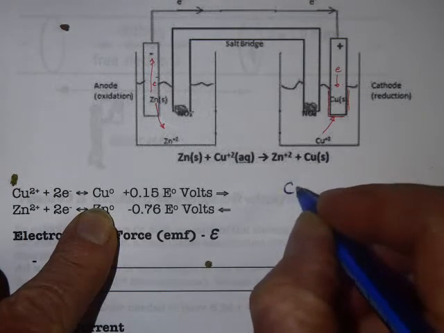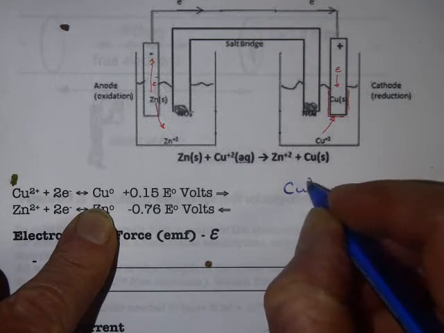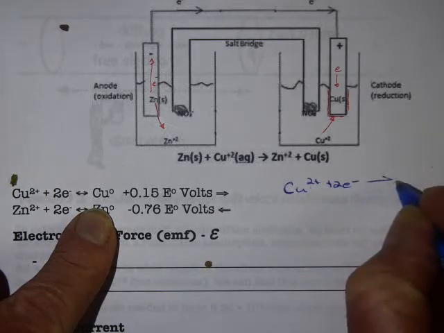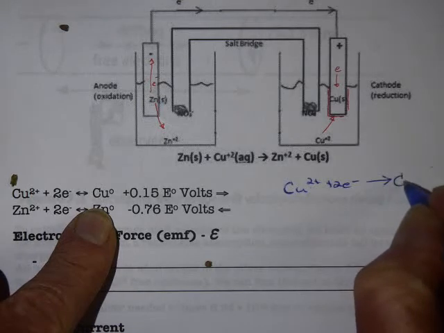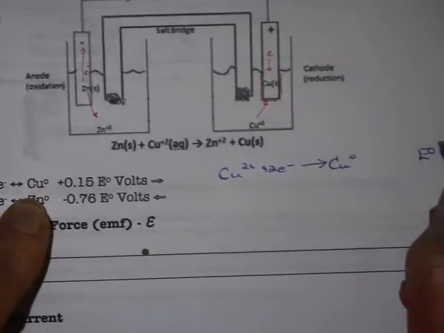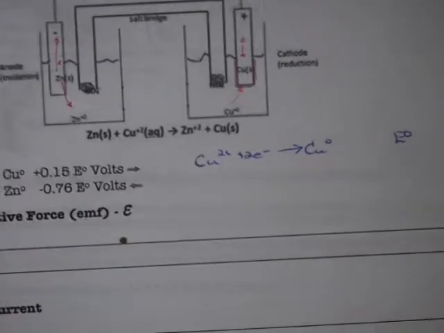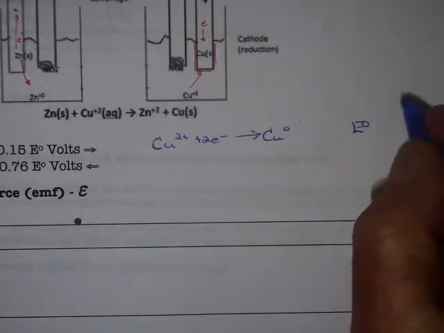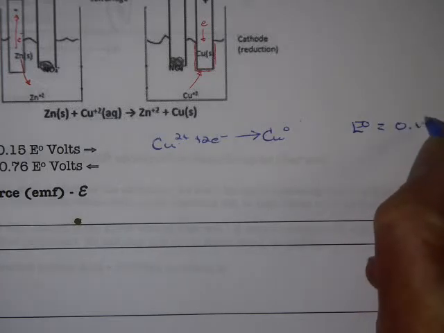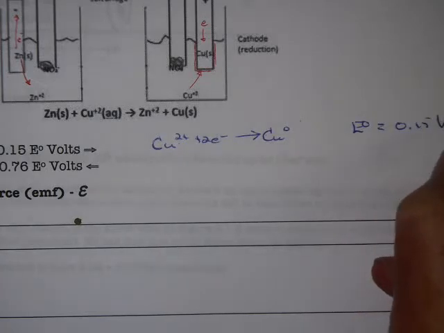Cu2+ plus 2 electrons goes to Cu, and its half cell voltage, E0, is 0.15 volts.